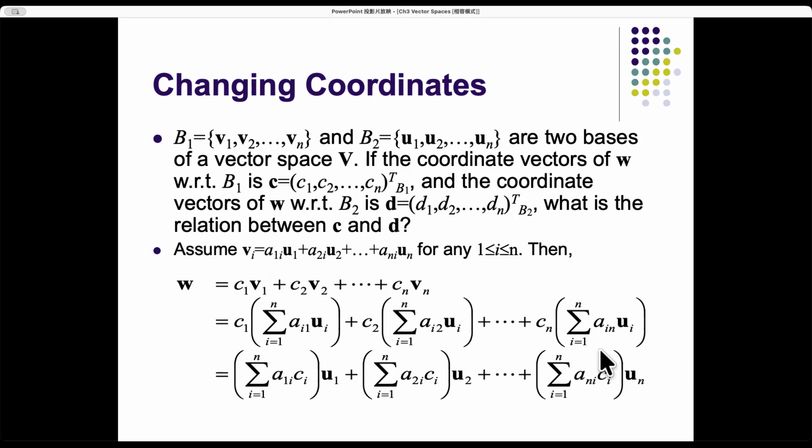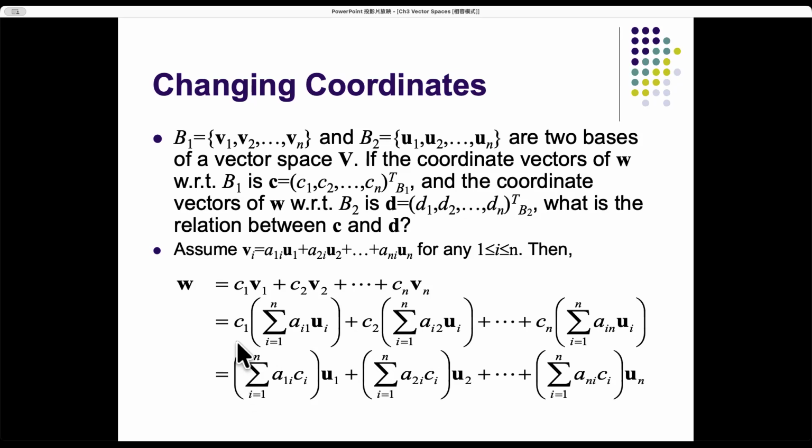Then we rearrange, because each of these has a U1, so we put the U1 terms together, and every term here has a U2, so we put the U2 terms together, and so on.